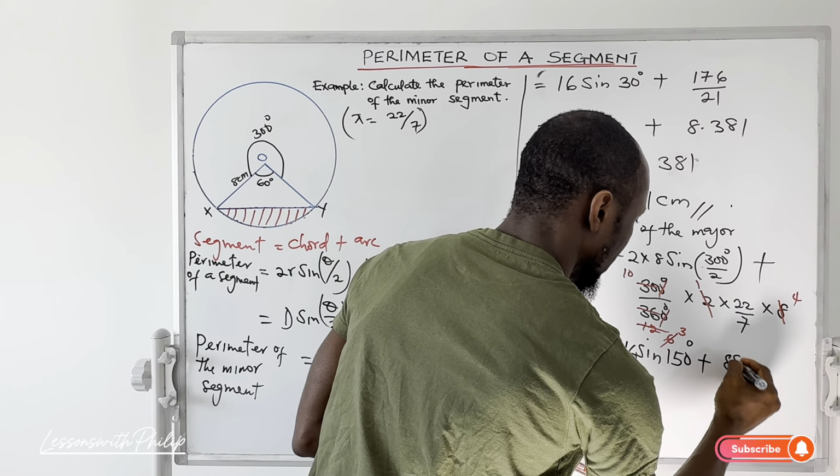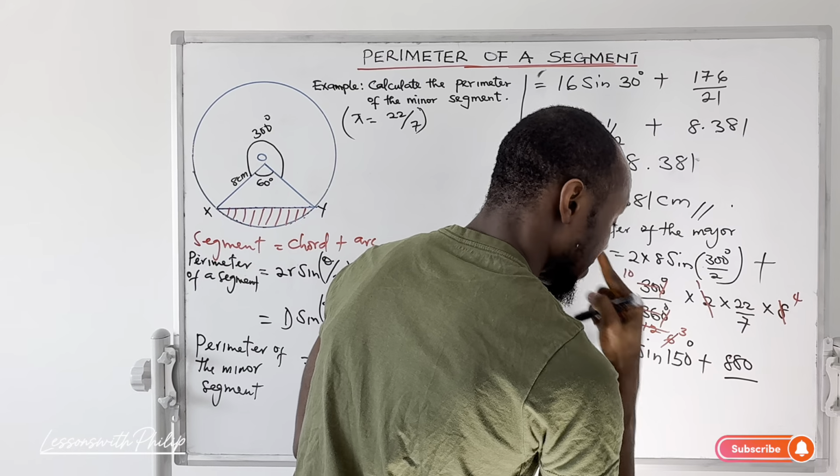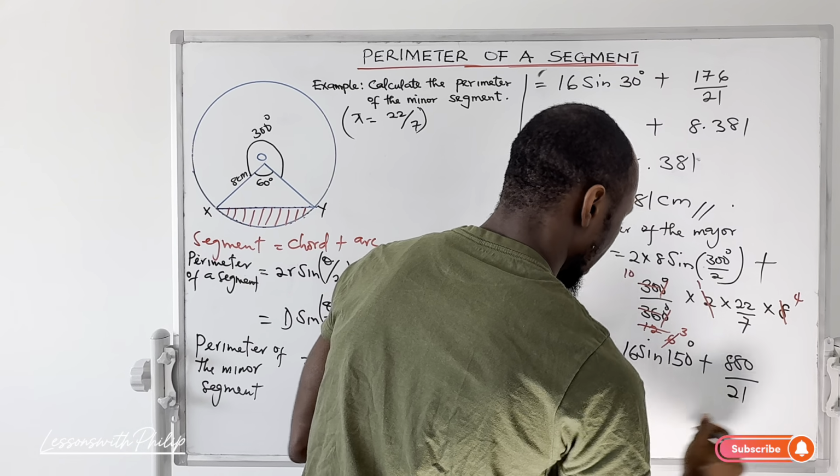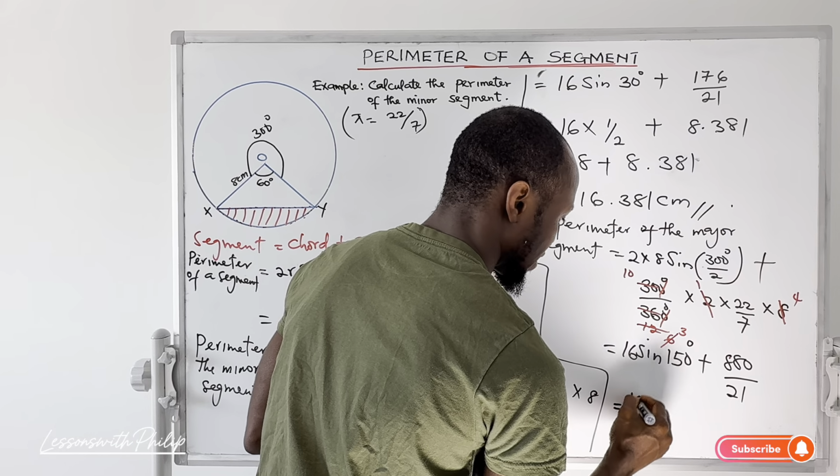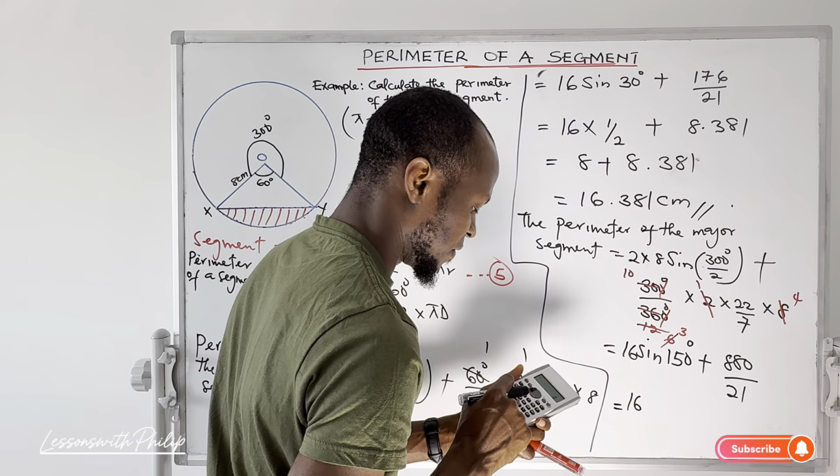We have 880 divided by 21, and that's equivalent to 16 sine 150.